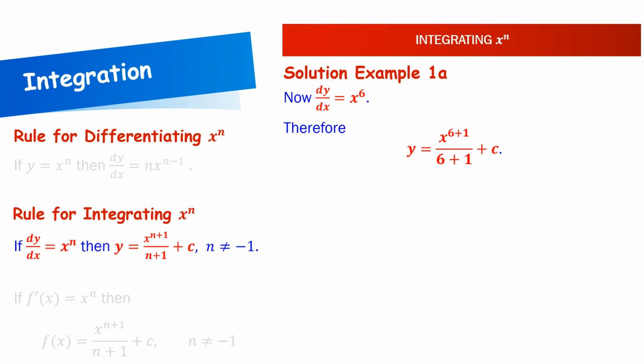And of course we must add the constant of integration, c. Here's the value n plus 1. And this becomes x to the power 7 divided by 7 plus c.